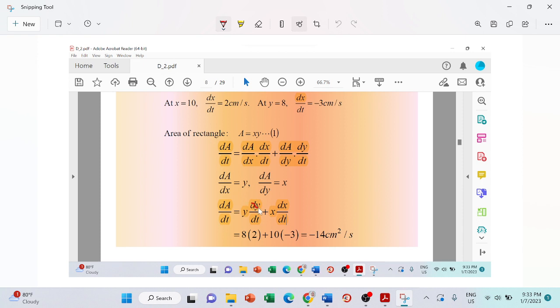Yang ni DX DT ni tukar DX DT. Yang warna merah ni can you write down on your paper, yang warna merah ni tukar DX. Yang warna biru ni tukar dy.